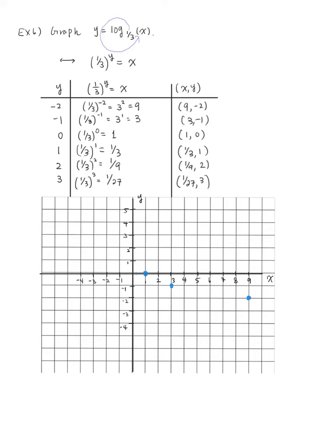So 1/3 might be like here. All right, and then (1/9, 2), so 1/9 is closer to the y-axis than 1/3, so let me see. Then when x is 1/27, even closer to the y-axis, the y value is going to be 3. So it looks like our graph is going to look something like this now.